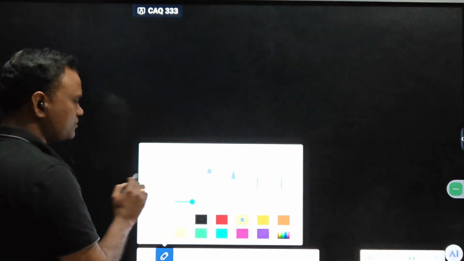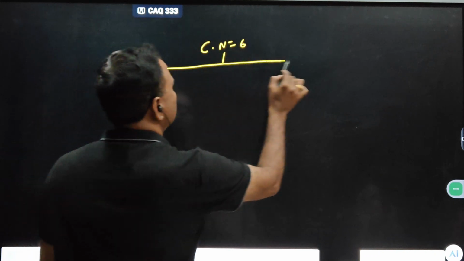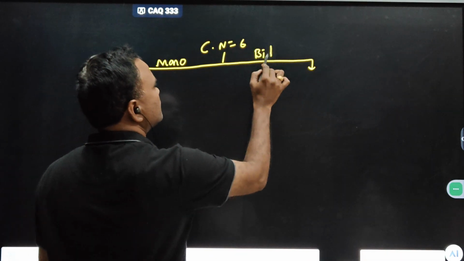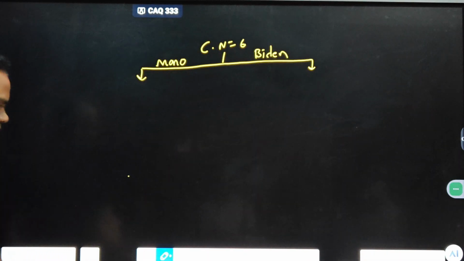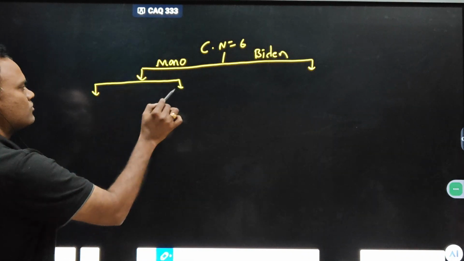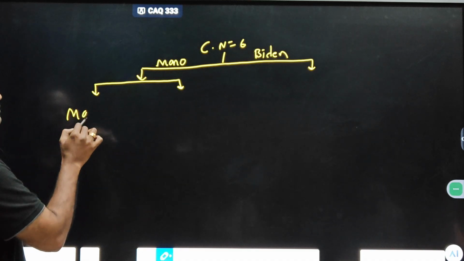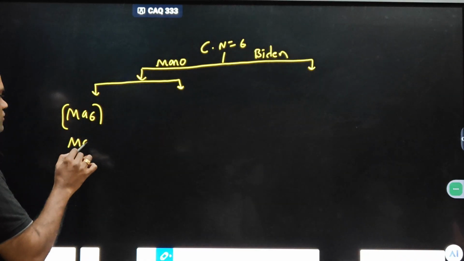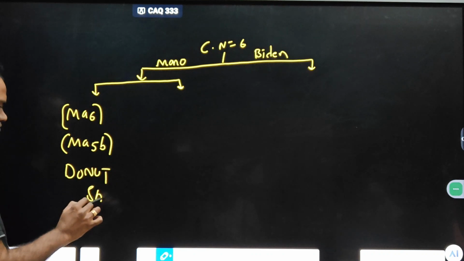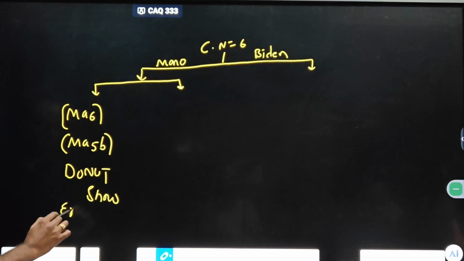Next, coordination number 6. Monodentate and bidentate. Monodentate do not show category. Tell me, MA6, MA5B. MA5B category do not show. Example for MA6. What is MA6?